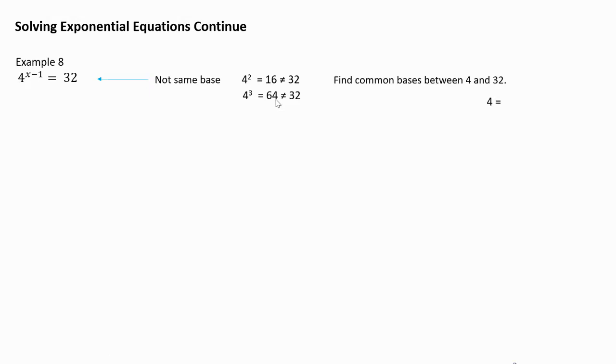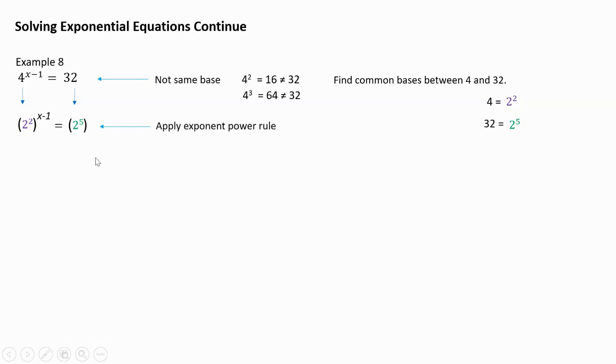We know that 4 is equal to 2 squared, and 32 is equal to 2 to the 5th power. Now we have the common base. So I'm going to replace 4 with 2 squared, and bring down the exponent, x minus 1, equals 32, the same thing as 2 to the 5th power.